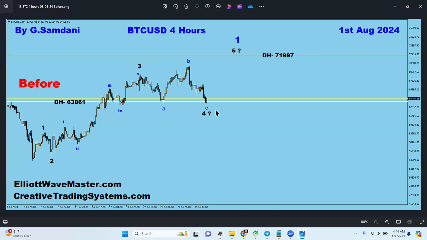So what I'm thinking is that if this holds 63,861, right? If we hold and we powerfully make a nice big bullish candle here, from this low, this number 63,861, and we can start going towards the upside, then we might be able to go here, finish up wave five of wave one.